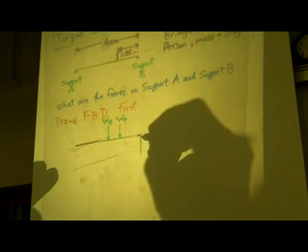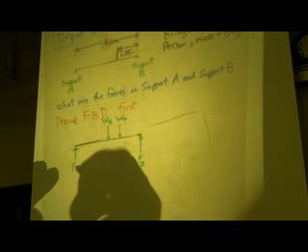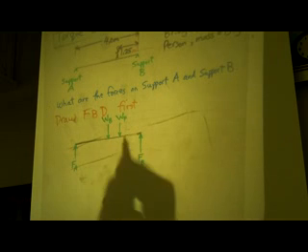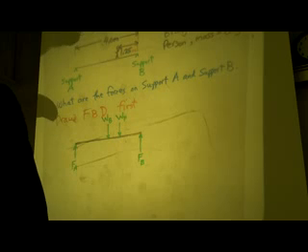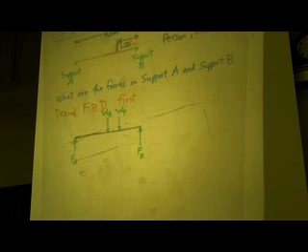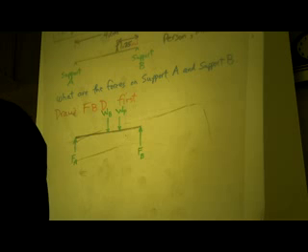And then there's two other forces. There's the support here, force at B, and the other force here at A. So there are four forces acting on the bridge. And I want to find force A and force B. So this is simple. It's an up-down problem. It doesn't even have different directions to it.